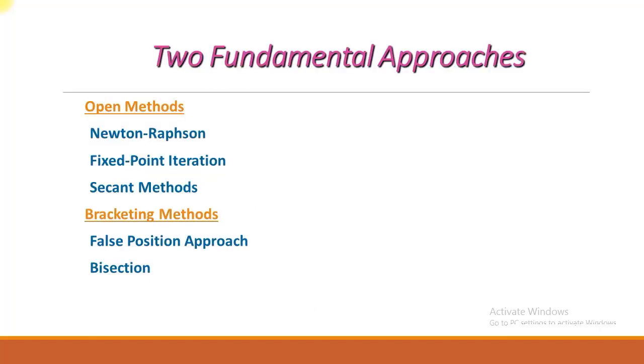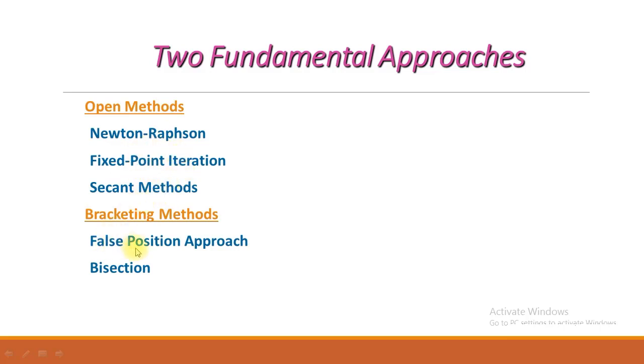But dear students, one point should be noted: why are these methods called open methods? These are called open methods due to the choice of the initial guess. In the initial guess we are free, we can choose any x0, any x1 values, any initial starting values.